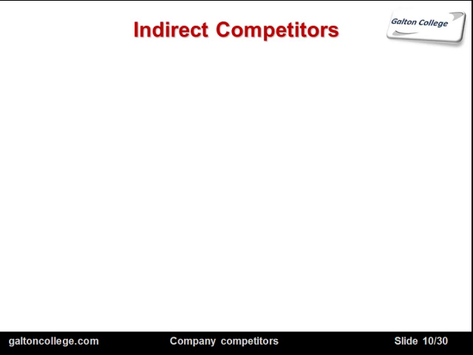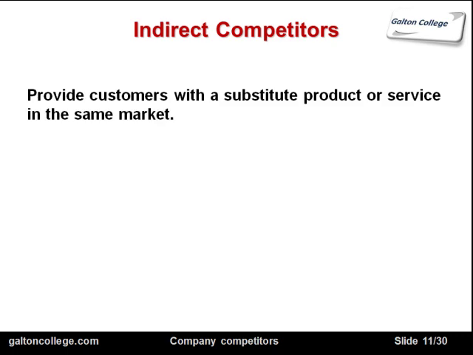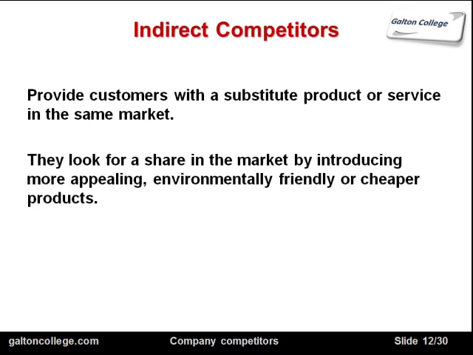Indirect competitors, well, these provide a substitute product or service in the same market. So it's not exactly the same product, but it's a substitute. It's similar. They could vary the product and try to introduce a more appealing or a more environmentally friendly or a cheaper version of the product.